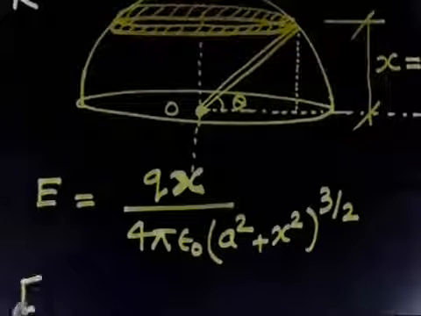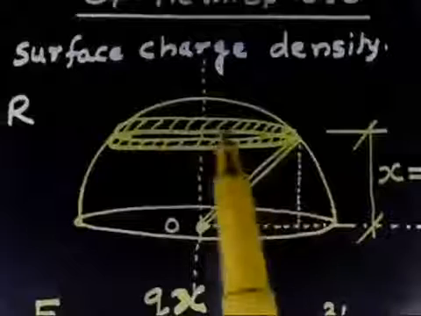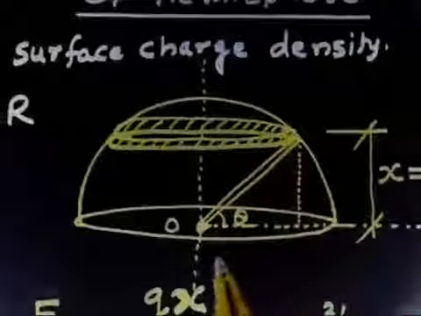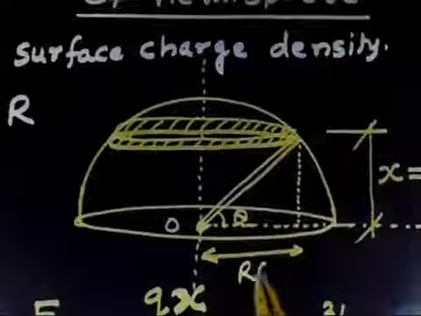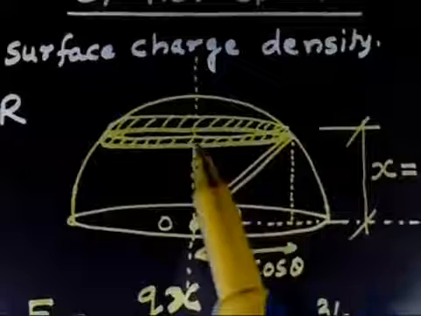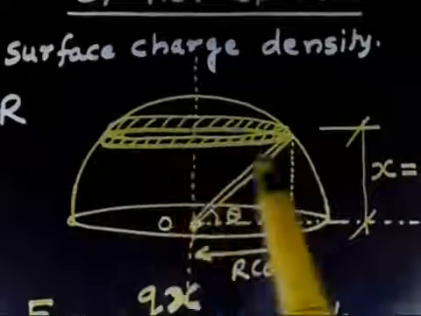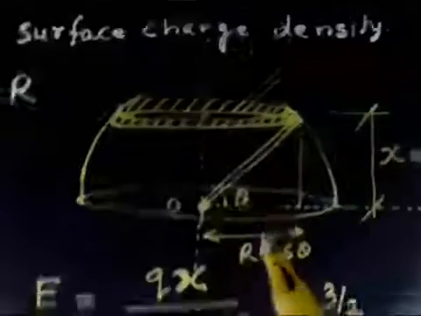If I apply the same thing, what is the charge on this ring? We have already calculated that the radius of the ring is r cos theta. So the perimeter of this ring is 2 pi times r cos theta.